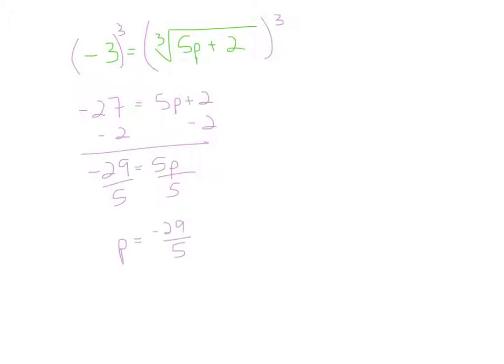And then you always check with radicals to see if there's something you can't have underneath it. Because this is a cube root, you can actually have anything under a cube root, so you're good. You might still check your answer, though. If I put in negative 29 fifths for p, the 5's cancel, I get negative 29 plus 2, which is negative 27, and the cube root of negative 27 is negative 3. So there's 56a. We're going to go to a new slide now.